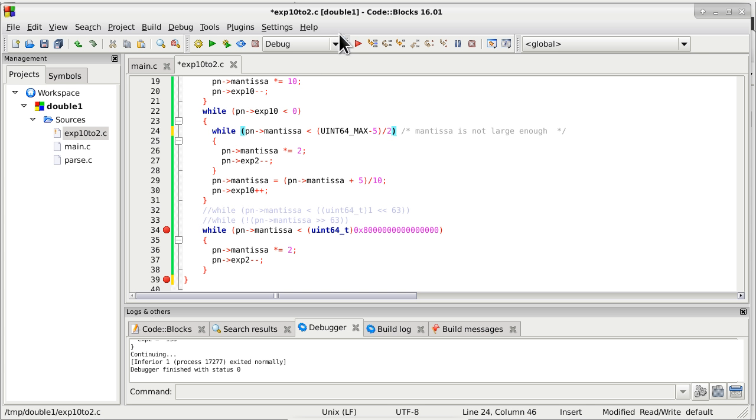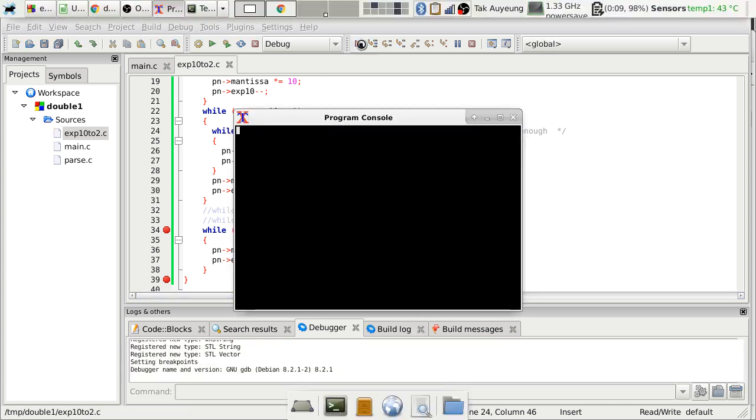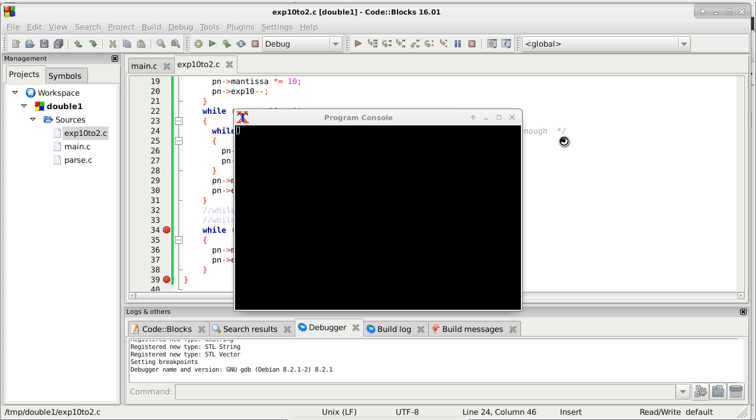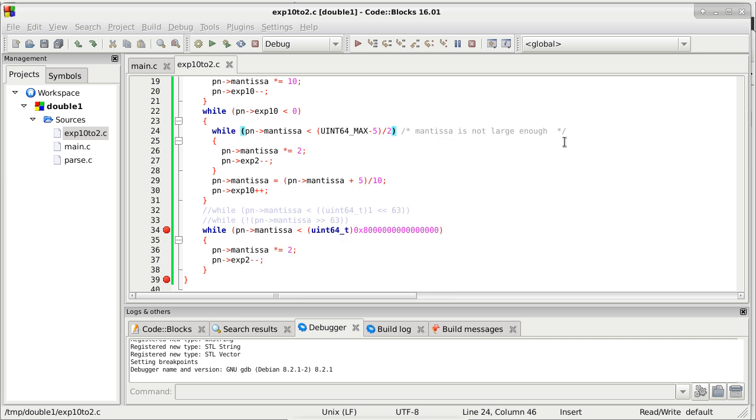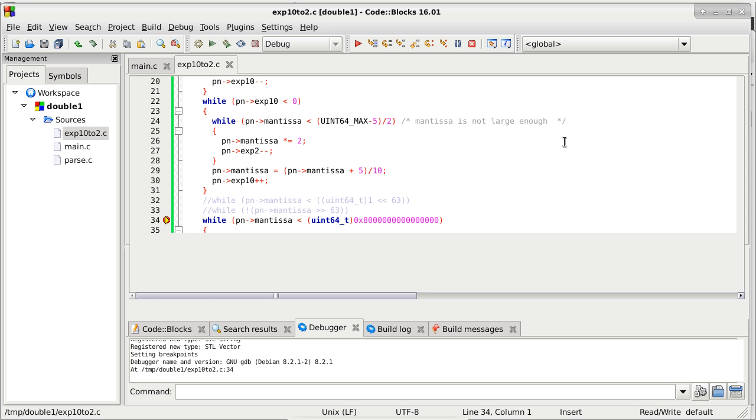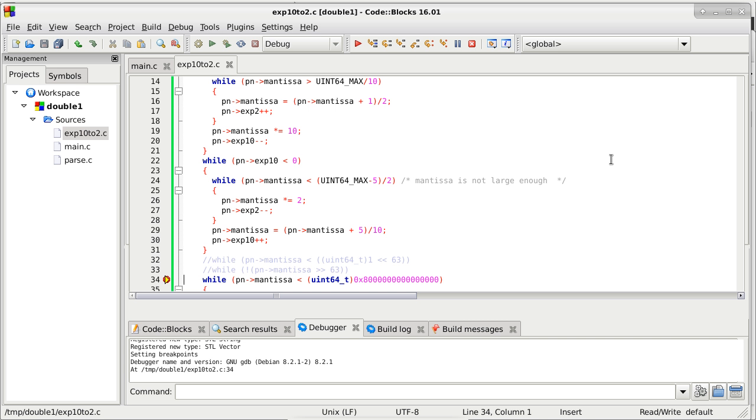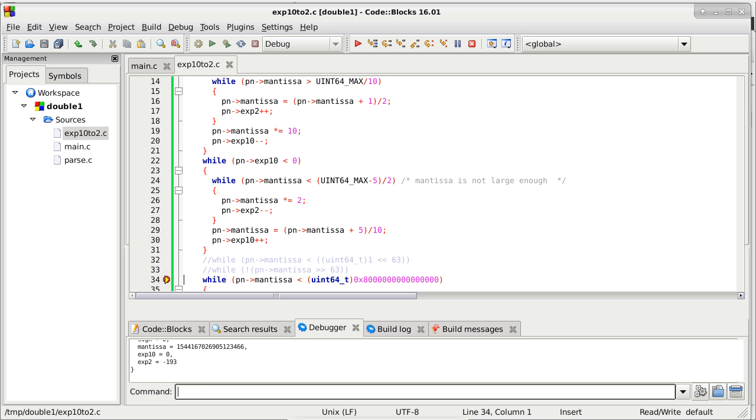Okay, let's put another breakpoint here. Okay, I think we got to the same result.